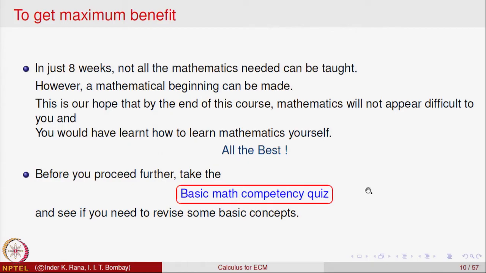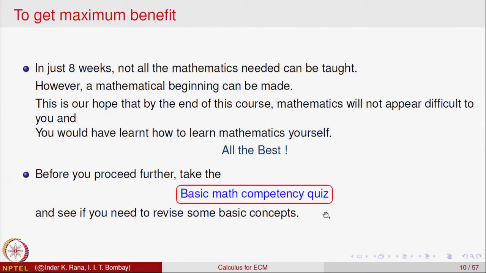Before we go to the next topic, I strongly suggest you will be given an assignment, a quiz called Basic Mathematical Competency Quiz. Have a look at that quiz, try to solve the questions in it, and see whether you are comfortable with the basic mathematical concepts.